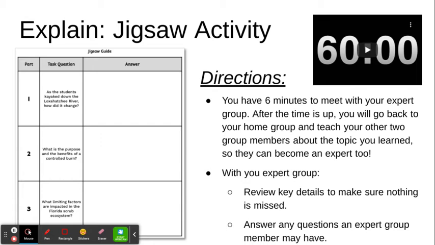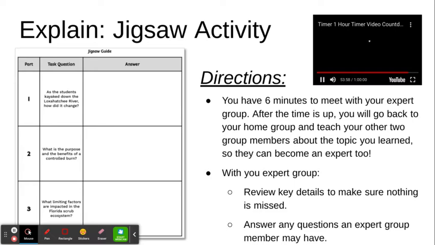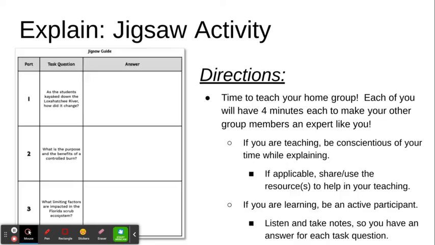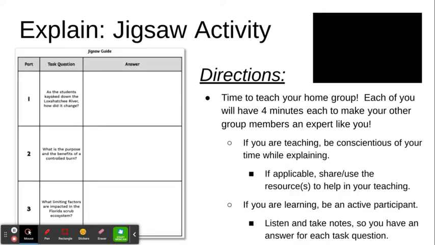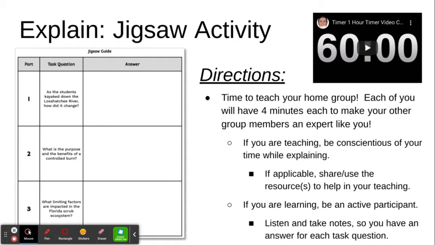Then they're going to go back to their home groups, and they are going to be the teacher. So once they get into that, you would go ahead and allow each member 4 minutes to go over their information, starting with number 1, then moving to number 2, and then moving to number 3.